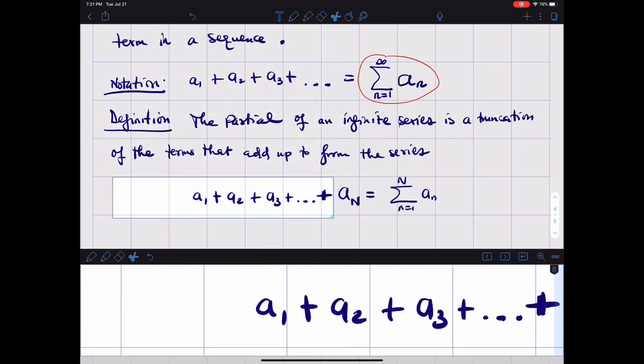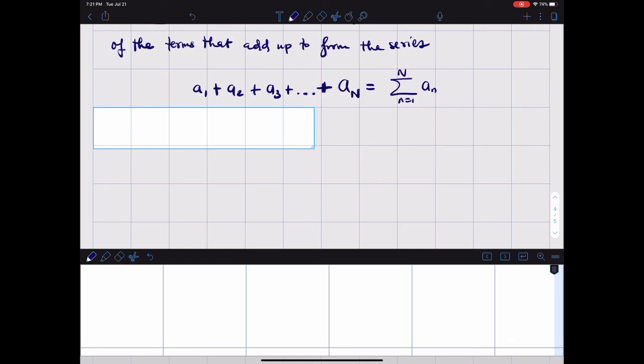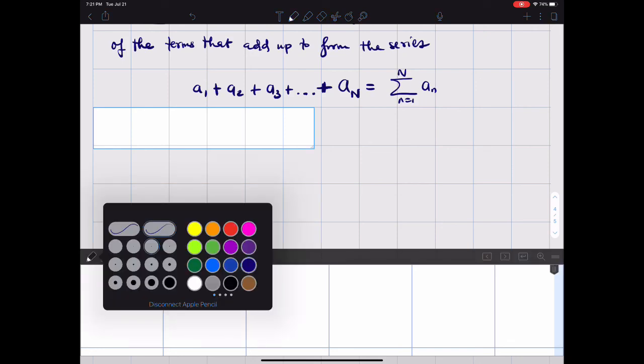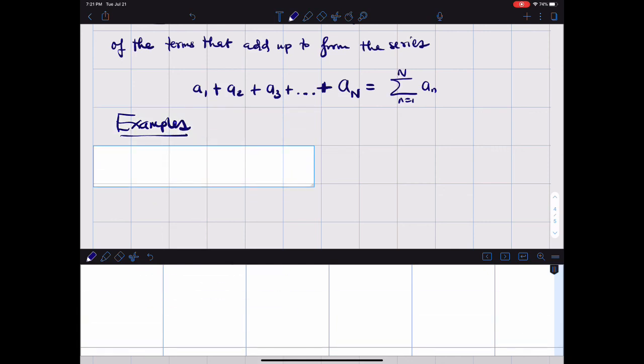Okay. Now, let's do some examples and then we stop there. So the first one, assuming I have this series.